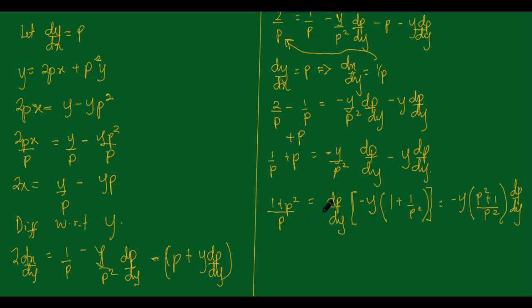On further simplification, we can write this as 1 plus p squared divided by p is equal to minus y multiplied by p squared plus 1 divided by p squared dp dy. And we can see that 1 plus p squared is common to both sides, so you can divide both sides by 1 plus p squared.